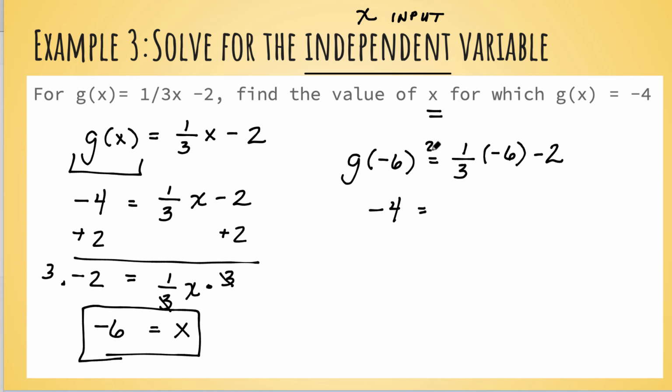And this is our check here, so let's put a question mark. We want to see if the left equals the right. -6 divided by 3 is a -2, so we get -2 minus 2. And we're checking to see if -4 is equal to -2 minus 2, which is -4. So sure enough, they're equal, so it checks out.